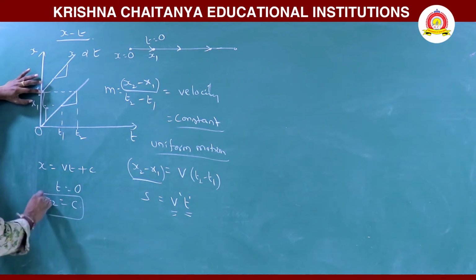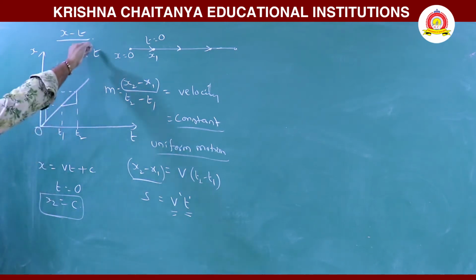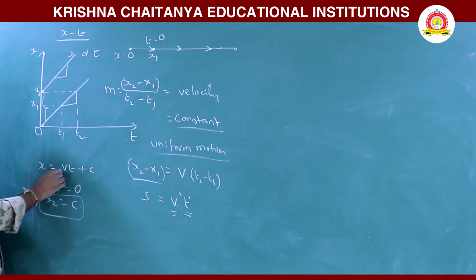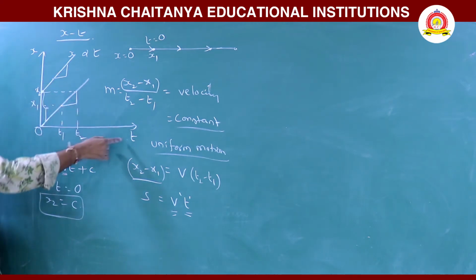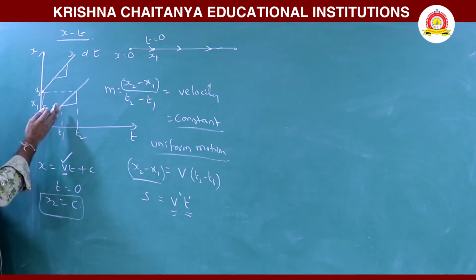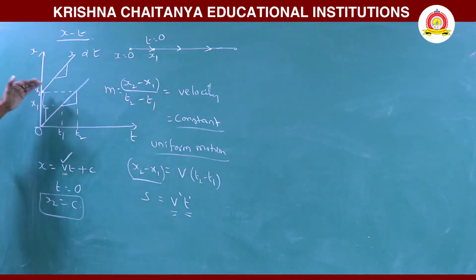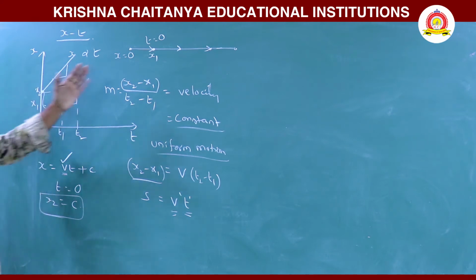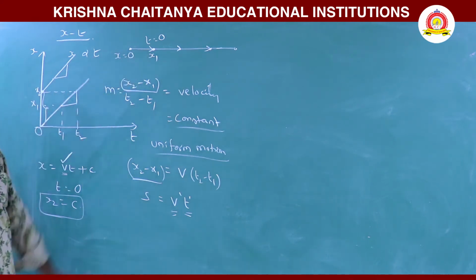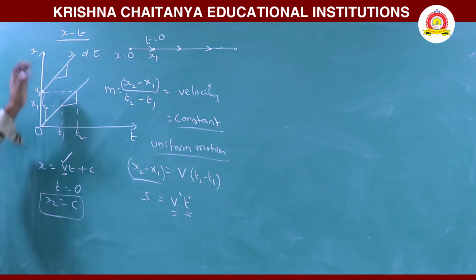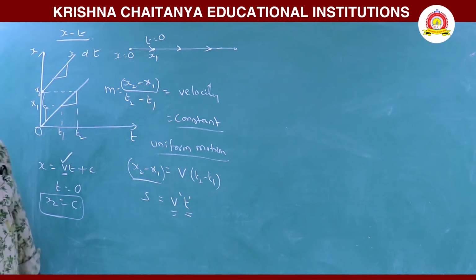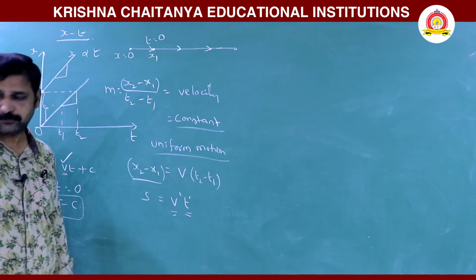So this is the y-intercept. This graph is y is equal to mx plus c, where m represents the slope, which is velocity for a position time graph, and this is uniform motion. Here uniform motion starts from the origin, and here it starts from some other position. That is the only difference. So for a position time graph, the slope gives velocity.